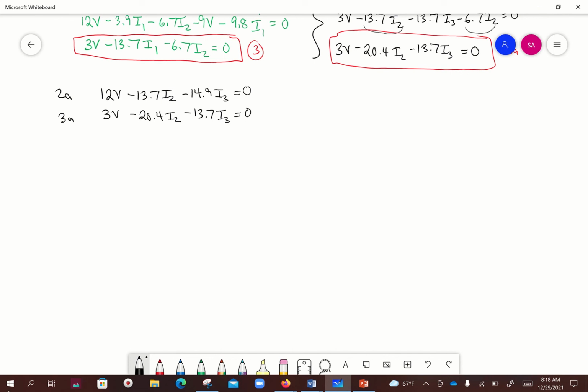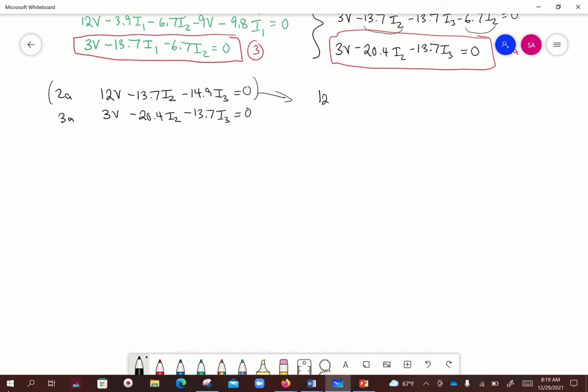All right, and if you've taken linear algebra, you know you can solve this using determinants and matrices, but we won't do that here because we're not going to assume that you know how to do it. All right, so let's take this one, let's rearrange it. I'm going to get I3 in terms of I2. So I'm going to take the term with I3 over to the other side.